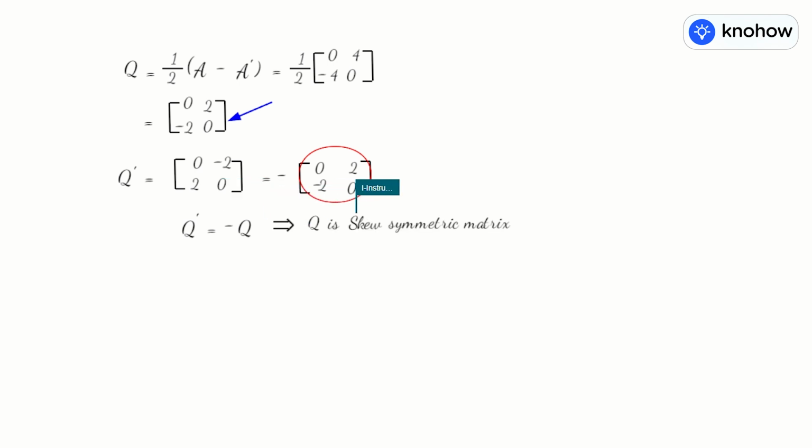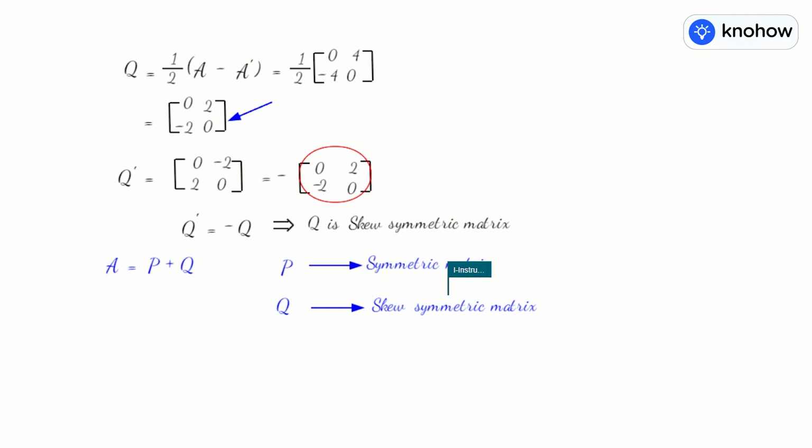So here we find two matrices P and Q, so that A can be expressed as P plus Q, where P is a symmetric matrix and Q is a skew symmetric matrix. So finally I should write the given matrix A. What is the value of P?